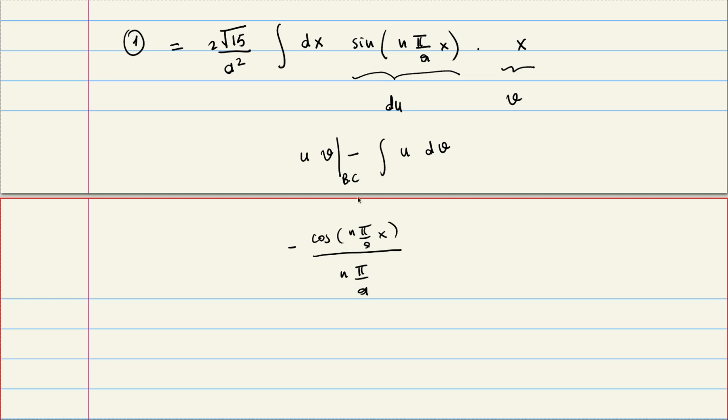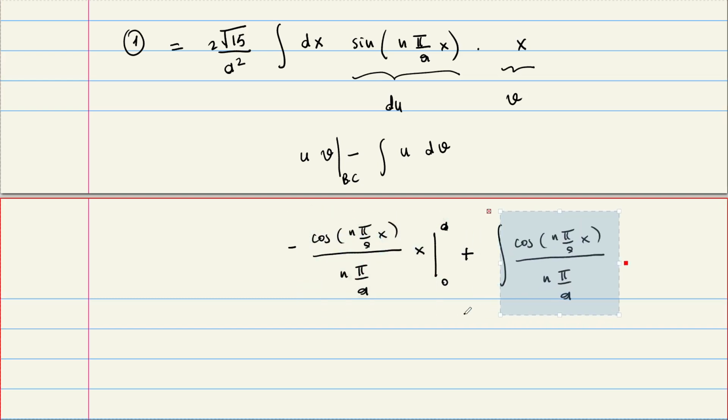So this is u, v is x, and boundary conditions are 0 to a, and minus integral, there is one minus from this, another minus from the u term. They are going to combine to be plus, and this is exactly the same thing. And dv is going to be dx from 0 to a. Is that good? And it's okay to make mistakes, but that's the trick.